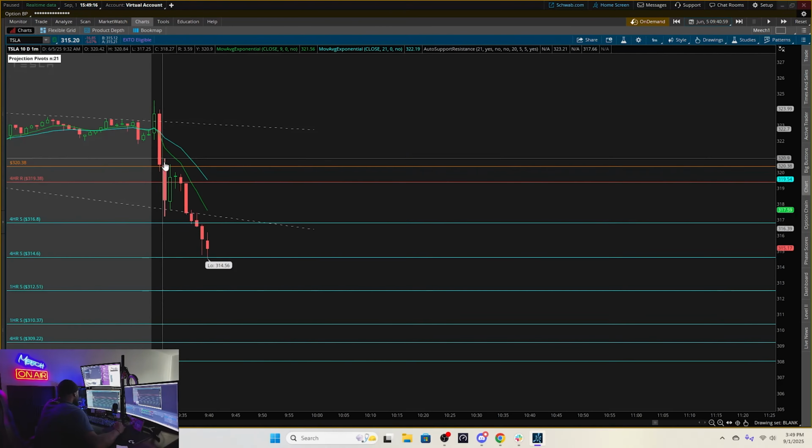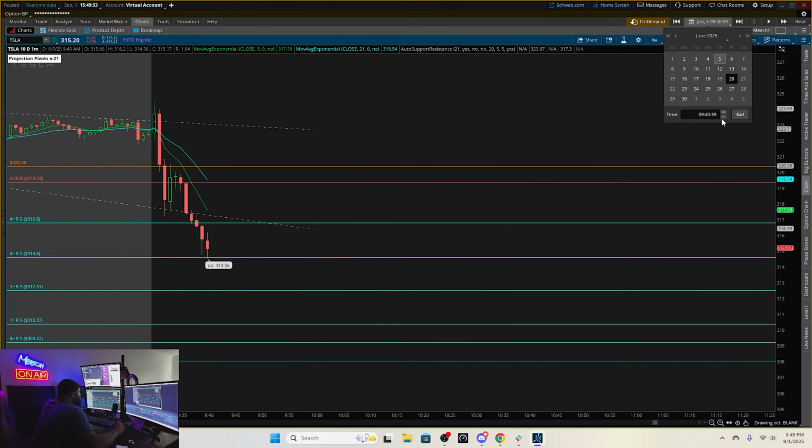Boom. So entries here, break down, come up. We reject the original entry near the resistance. Now we can't break and hold above it. Now we're coming down to the next support areas.